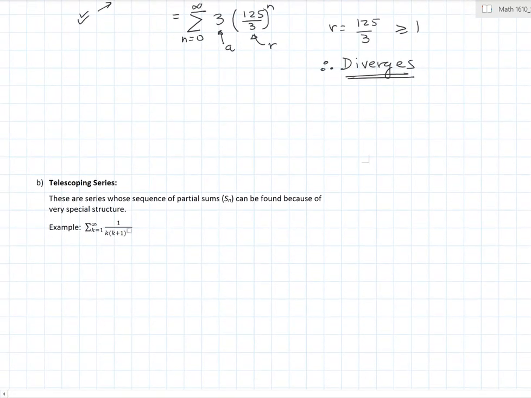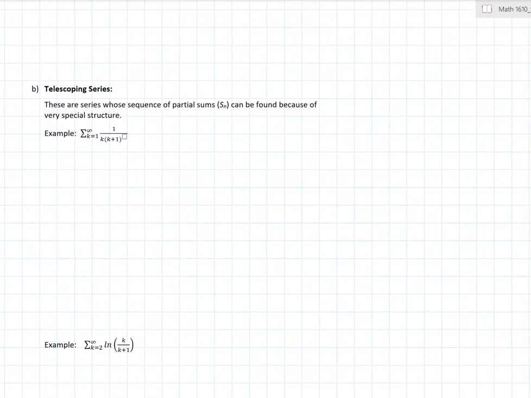Okay, now let's go on to the next type of series for which we can find the sum, and therefore we can decide whether it diverges or converges. So these are very special structures. So let's start with this example.